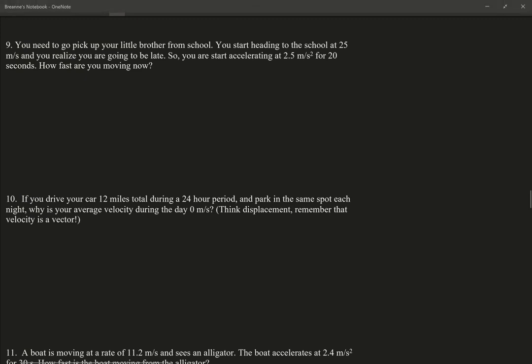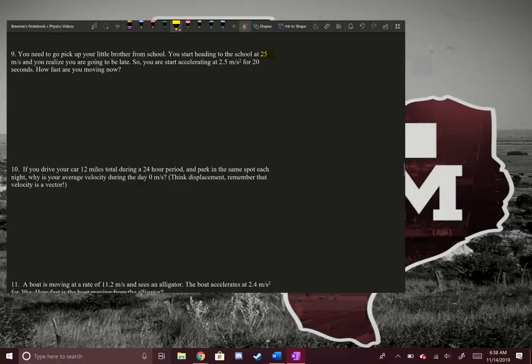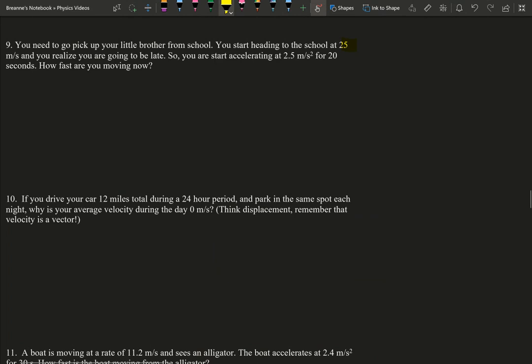So we do have some givens. You have the 20 meters per second, you have the 2.5 meters per second squared, and you have the 20 seconds. So let's write out our givens.